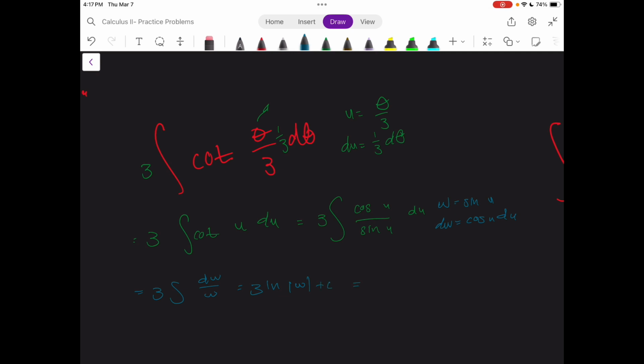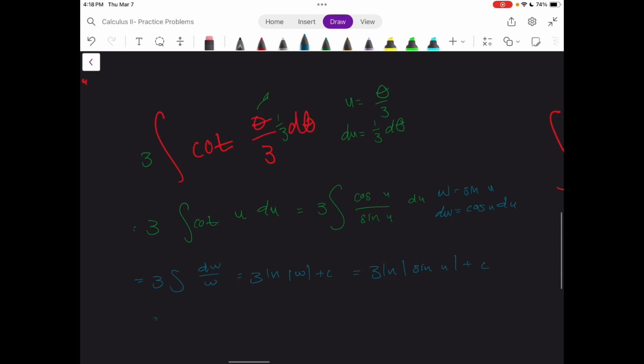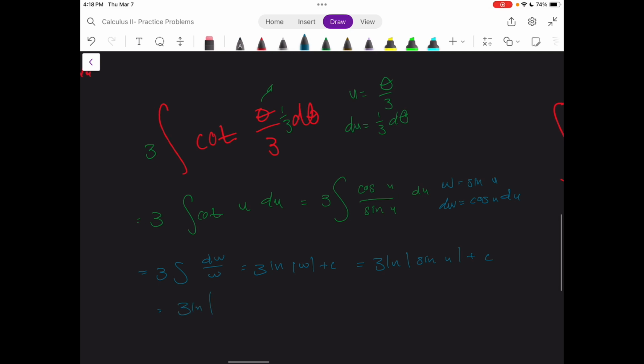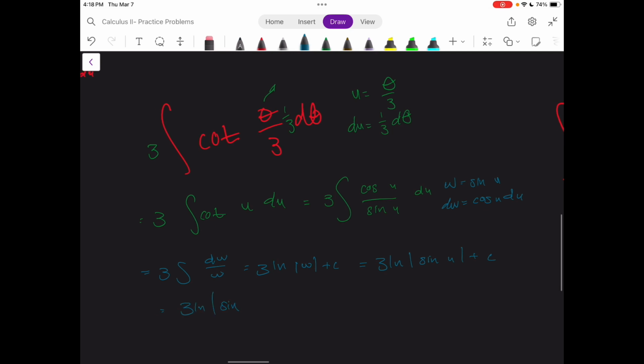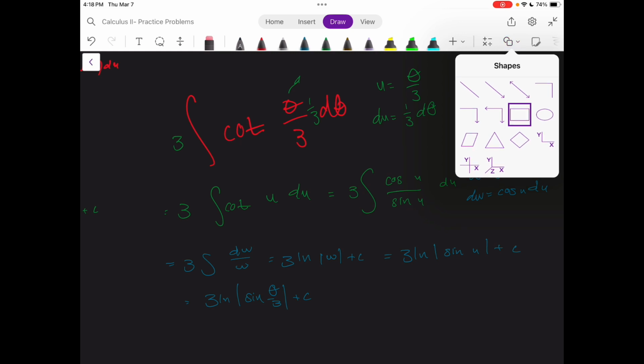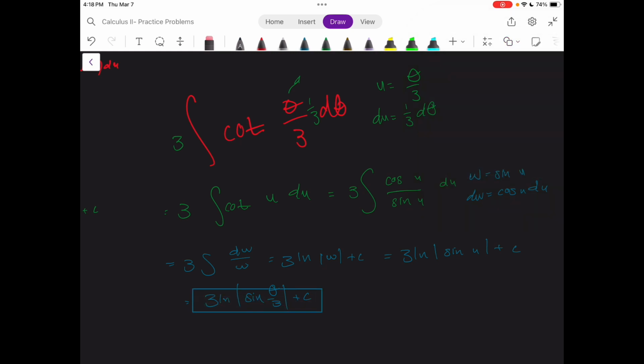Except we have to plug back in our function for w, which was sine u, and we have to plug back in our function for u. So it's 3 ln the absolute value of sine of theta over 3 plus c. That is the final answer.